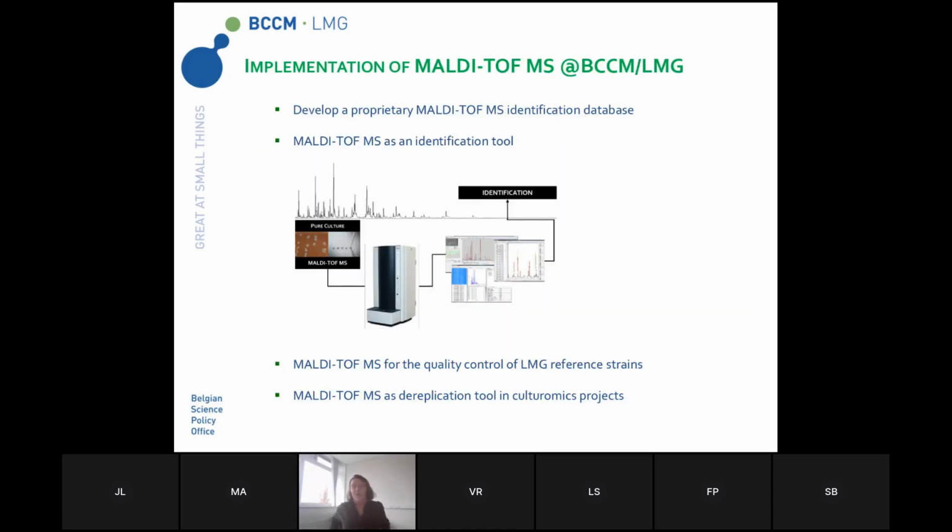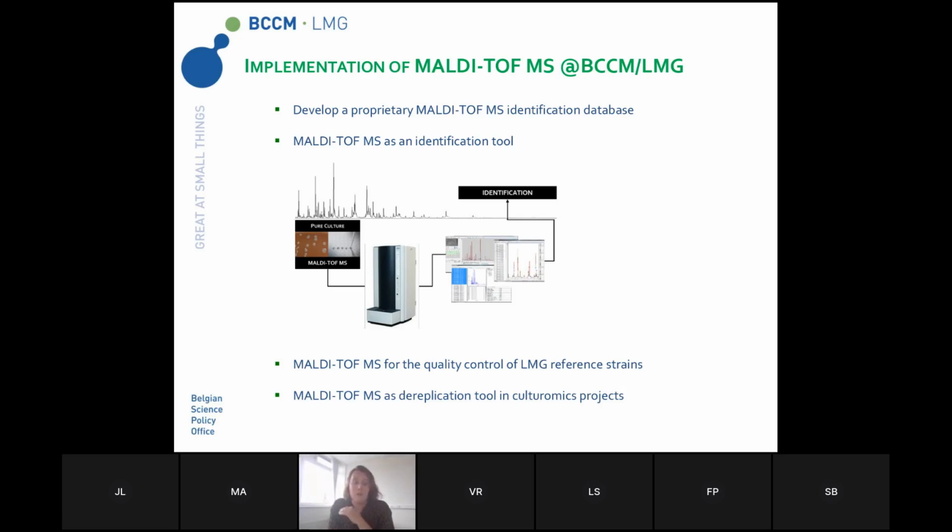Okay, so what are the 4 major implementations of MALDI-TOF MS at BCCM LMG? First of all, we use it to develop our own proprietary MALDI-TOF MS identification database. And the second part, we use it as an identification tool. So next to the genotypic services that we provide to our customers, we also provide MALDI-TOF MS as an identification tool.